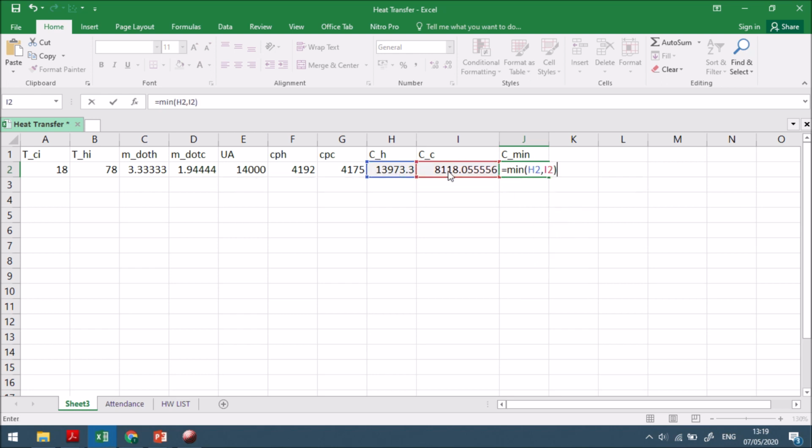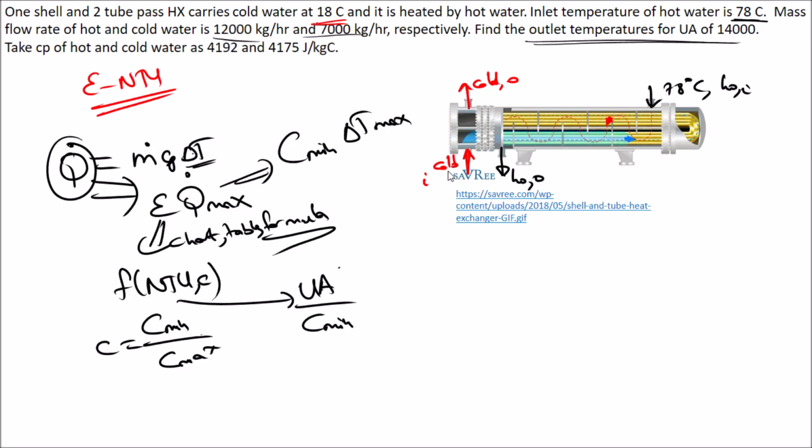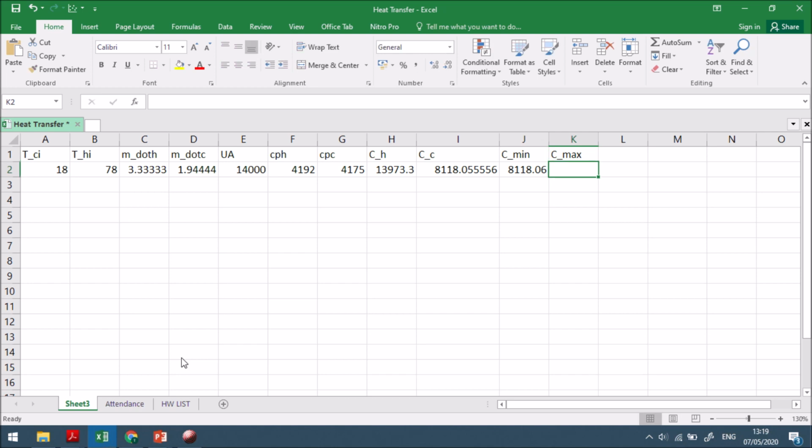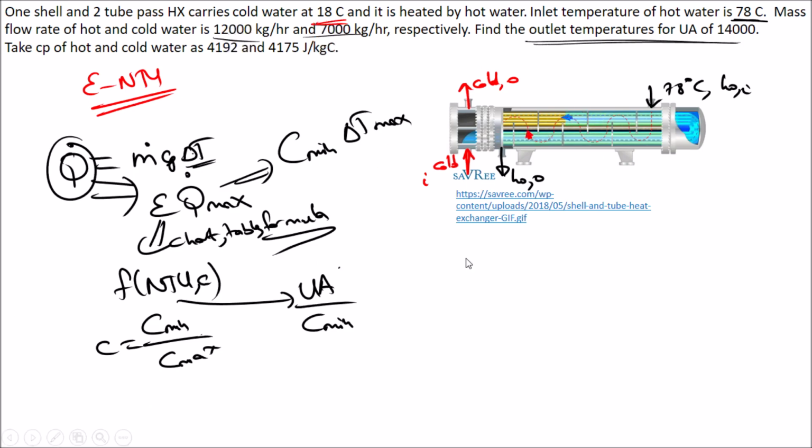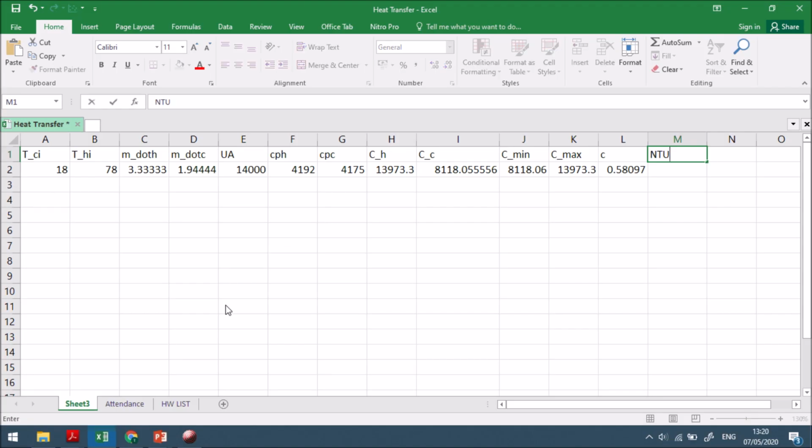I will also need the maximum value, so I find the maximum of these two values. The c value will be the ratio of these two. And now comes the NTU. NTU will be UA divided by the minimum of these.